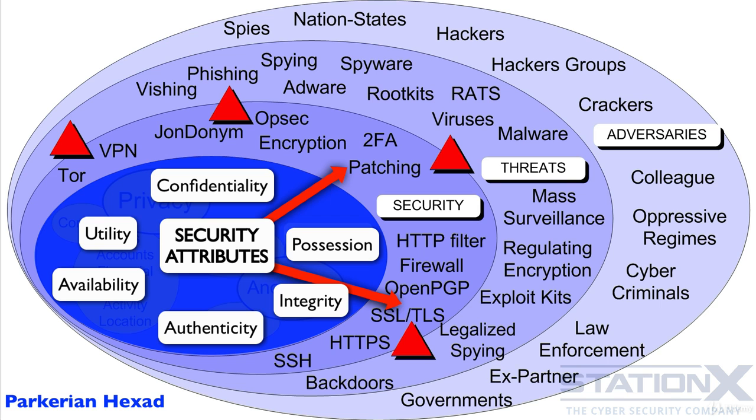This would be a loss of control or possession of an asset, but does not involve the breach of confidentiality. You've also got authenticity, which refers to the veracity of the claim of origin or authorship of the asset. And then you have utility, which means usefulness, which again isn't part of CIA.